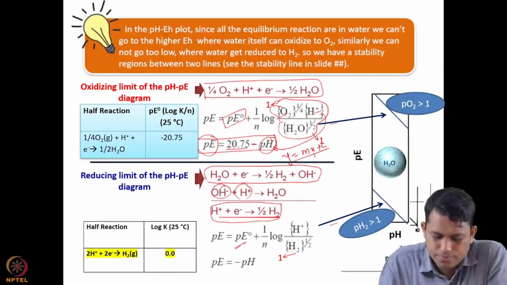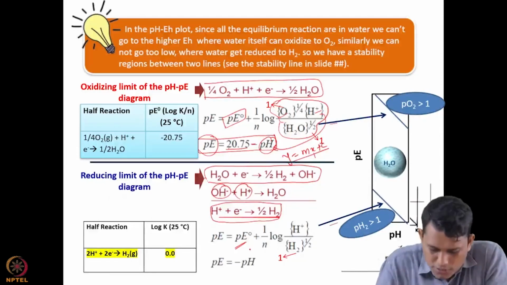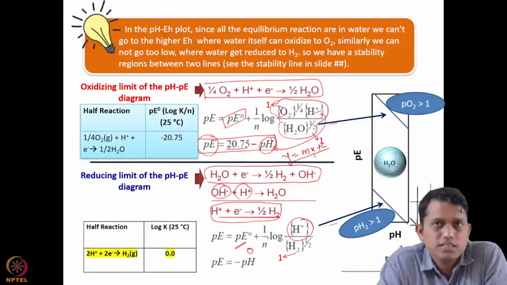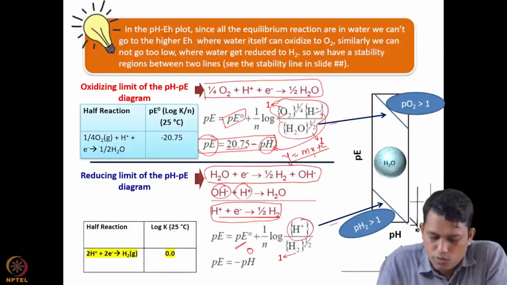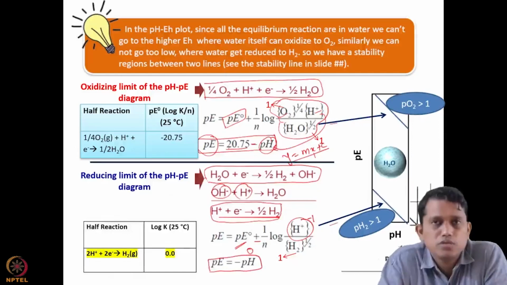Again, if you see from the table, pE naught is nothing but 0. So this value is 0. You can always convert this into the pH scale, that is, you put a minus here and then the power here. So here what we are getting is nothing but pE is equal to minus pH.